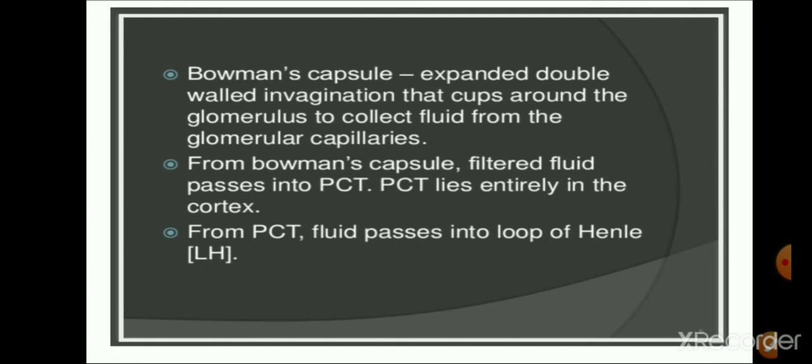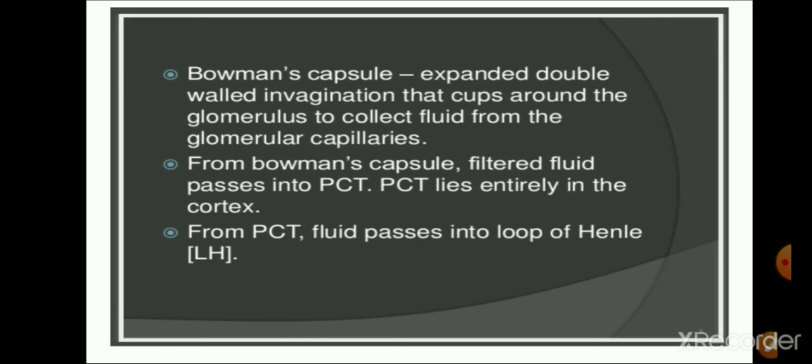The Bowman's capsule is the expanded double-walled invagination that cups around the glomerulus to collect the fluid from the glomerular capillaries. From the Bowman's capsule, the filtered fluid passes through the proximal convoluted tubule that lies entirely in the cortex region.